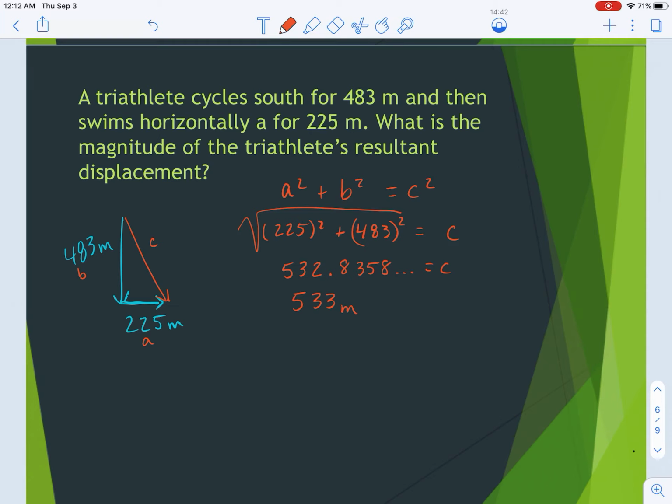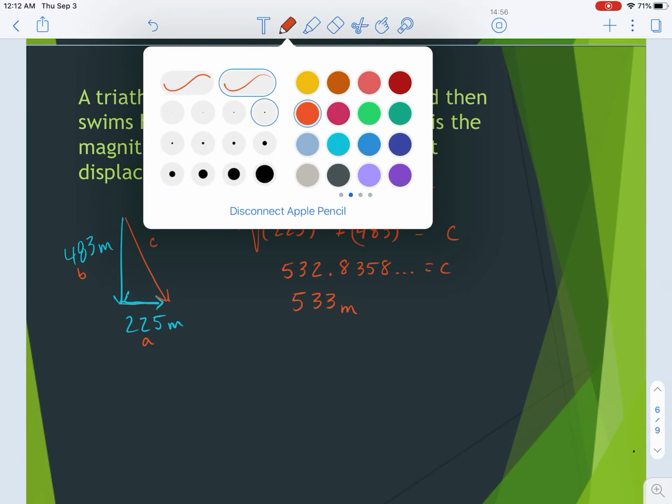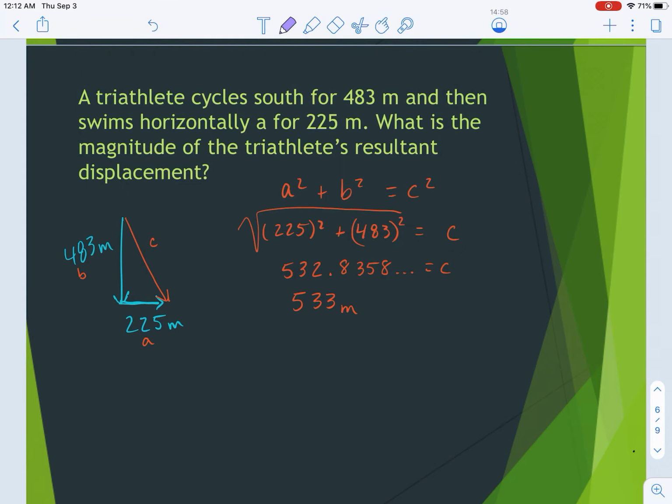Okay, now I want to take a moment and rewrite this so that you guys can see how the Pythagorean theorem would translate more appropriately for the vocabulary that we're going to be using. So if we're looking at our triangle and we are using the vocabulary that is appropriate for this topic, our hypotenuse would be our resultant, right?